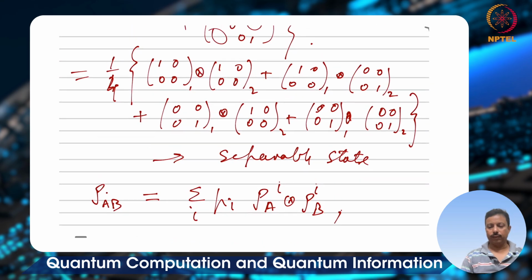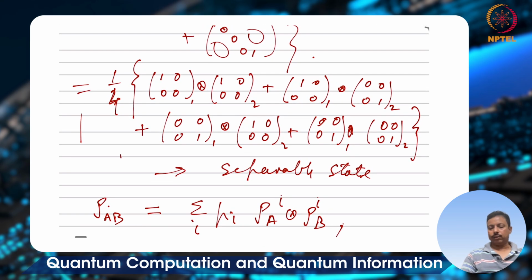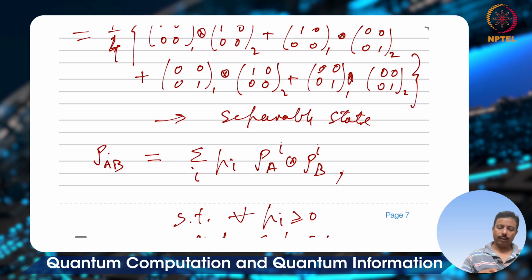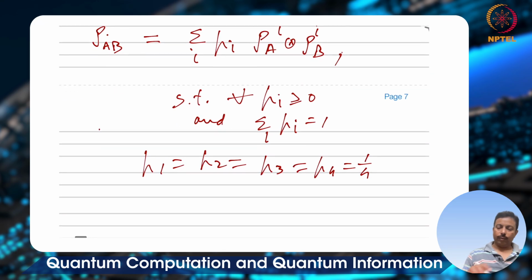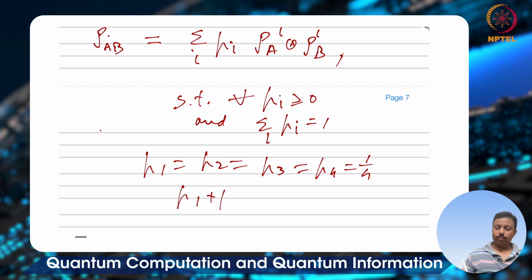In this particular case I have 4 p's, and all of them are equal: P1 equal to P2 equal to P3 equal to P4 equal to 1 by 4, and P1 plus P2 plus P3 plus P4 is equal to 1.